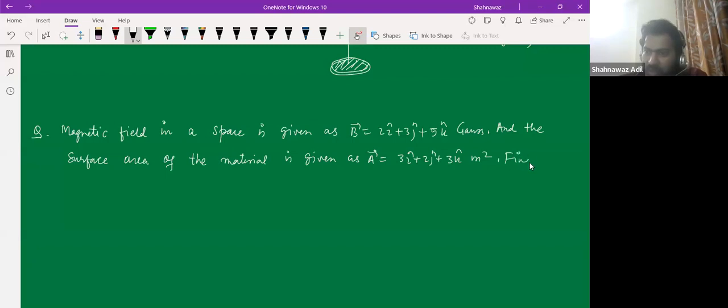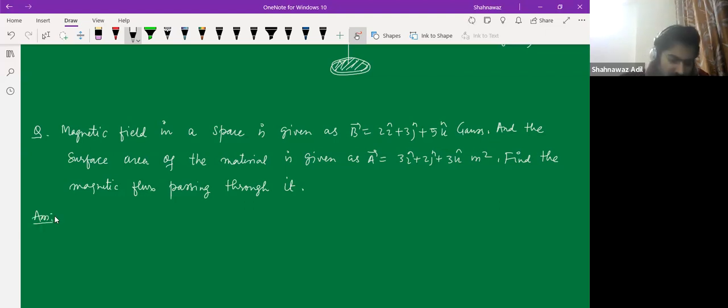Find the magnetic flux passing through it. So please calculate this question and tell me what would be the answer.